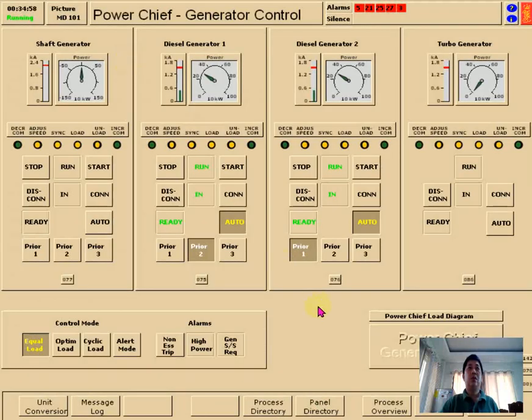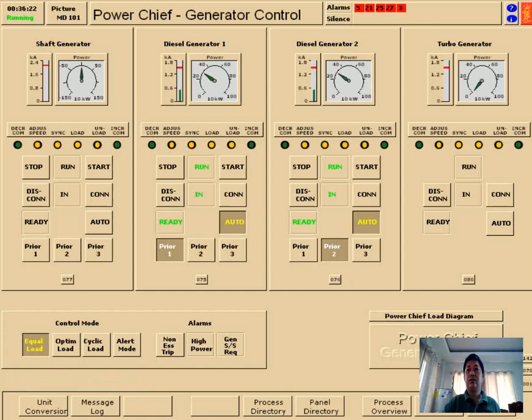And they will have load sharing automatically. So I will repeat. Now I will put again the priority 1 to number 1 and number 2, the DG2.